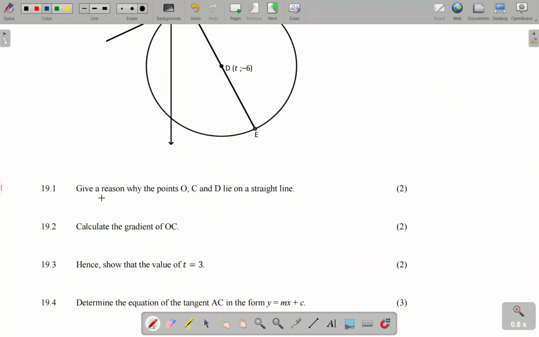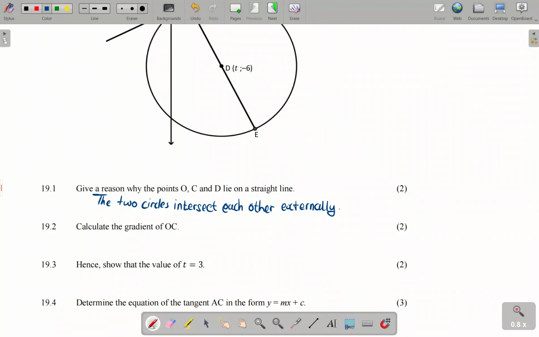So I'm just going to say the two circles intersect each other externally. Let me write that nicely. The two circles intersect each other externally.